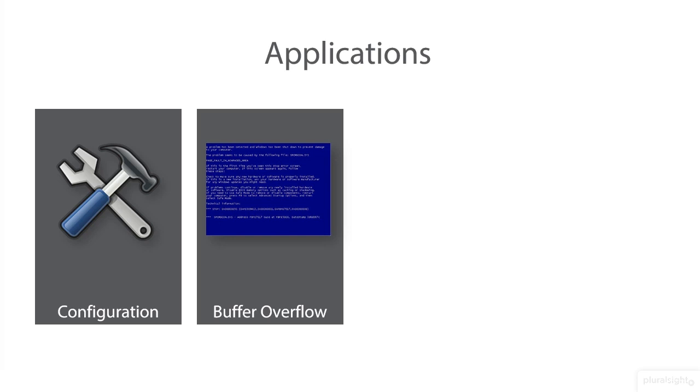In fact, back in 2000, there was a famous buffer overflow that affected both Microsoft Outlook and Outlook Express. What happened is that there was a flaw in the programming that made it possible for a hacker to compromise a system just by simply sending an email to the target. They didn't have to open the email. They didn't have to read the email. They didn't have to forward the email.